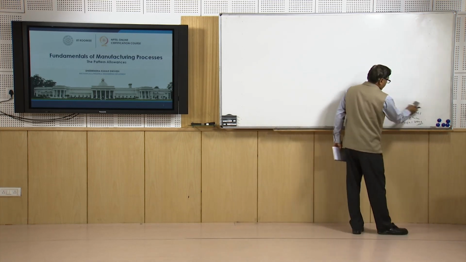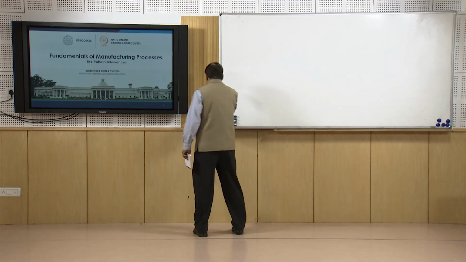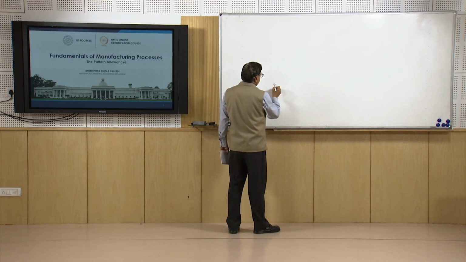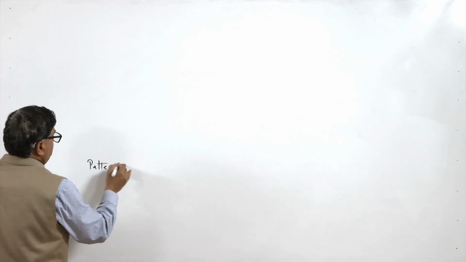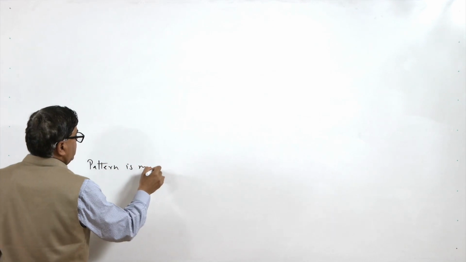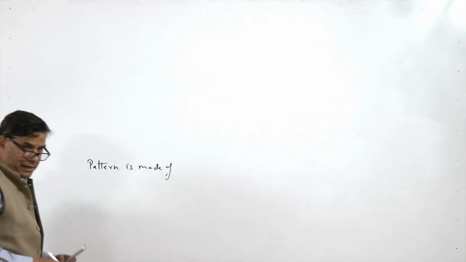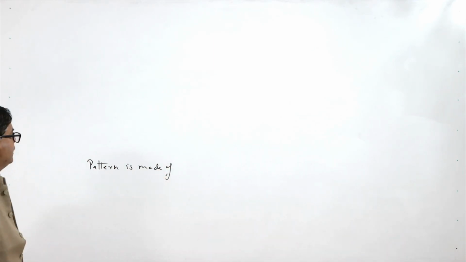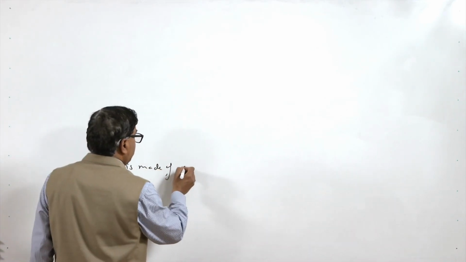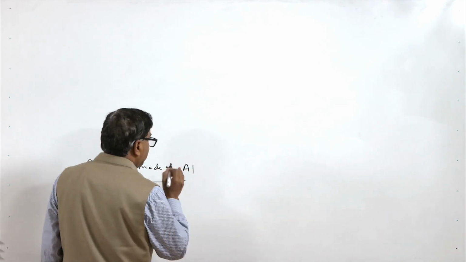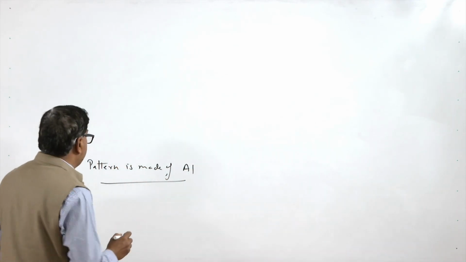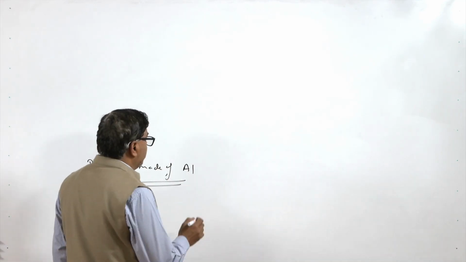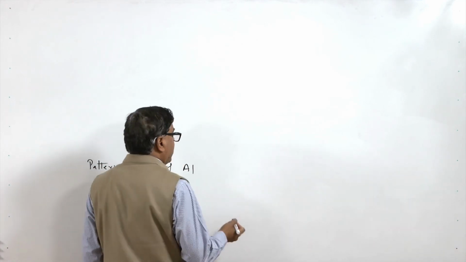to get the desired dimensions of the hole. Now, one more thing: if the pattern is made of wood, we can use these modified dimensions after adding the shrinkage allowance directly. But if the pattern is made of aluminum or any other metal, then we have to add another allowance.